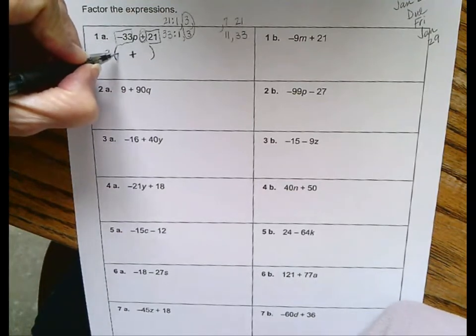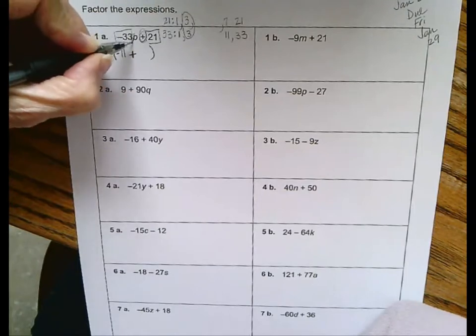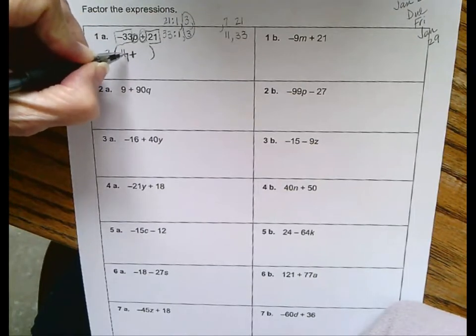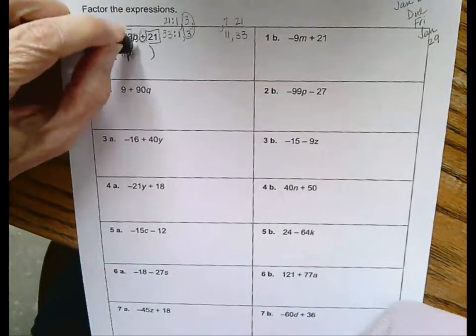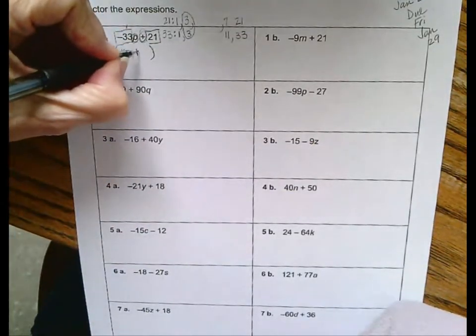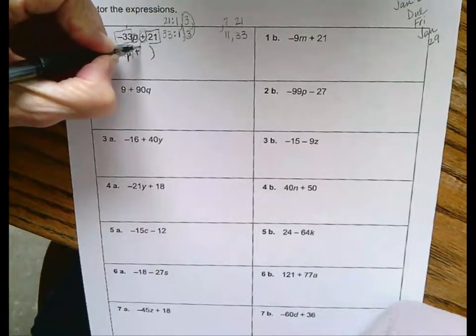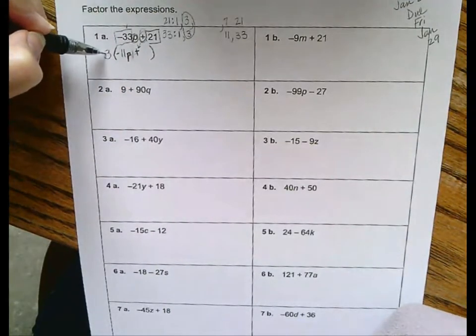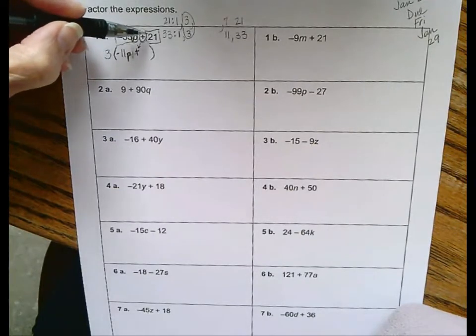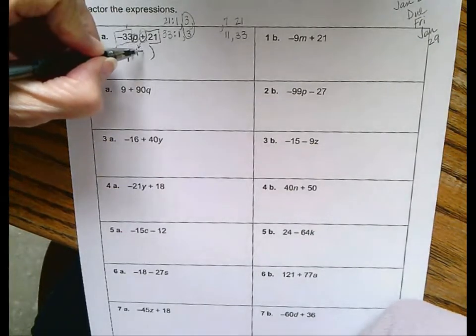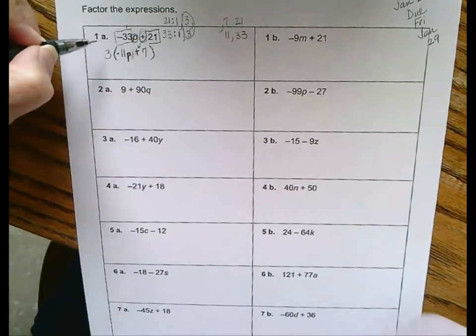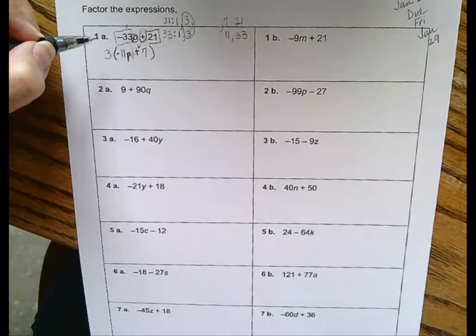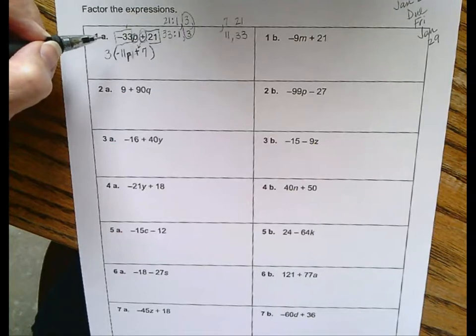Well, that would be a negative 11, and this part of the expression has the variable with it. So you must bring the variable with that part of the expression. There's my plus sign coming down. Now I'm just going to ask myself 3 times what number would give me 21, and that would be 7. And this is one of the correct answers for factoring the expression.